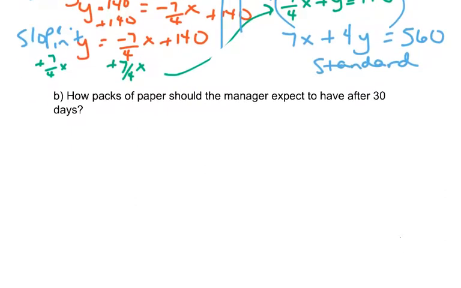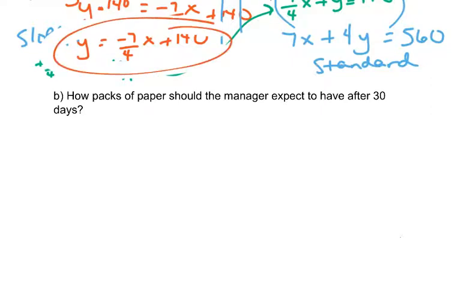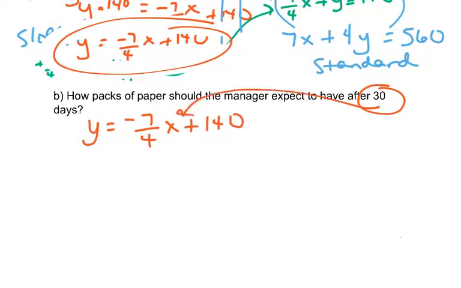The second part says, how many packs of paper should the manager expect to have after 30 days? The easiest version of the three that we had is our slope-intercept one right here. So we have y equals negative 7/4 x plus 140. And they're telling us that we're looking at how much we have after 30 days. Remember, we had x representing our days, so we're going to plug a 30 in for x.